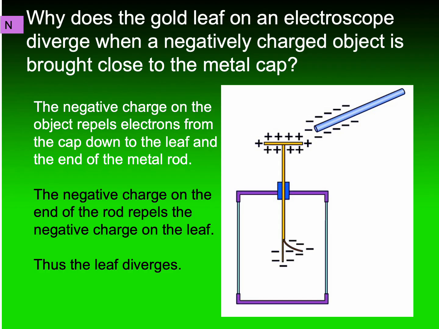Because the negative charge repels the electrons down the rod, like charges are building up at the end, and those like charges are repelling each other, diverging and moving the leaf outwards. Questions? Are you okay? Yeah? So just a few bullet points there. If you were asked, why does the leaf diverge?